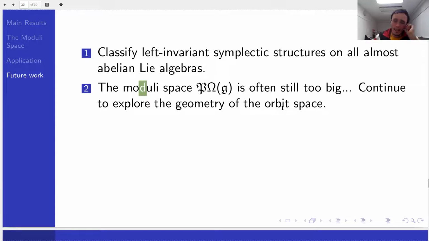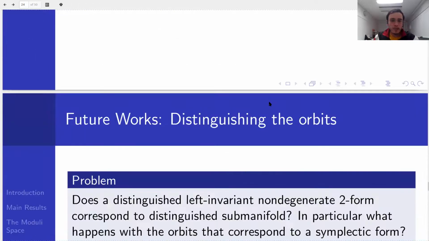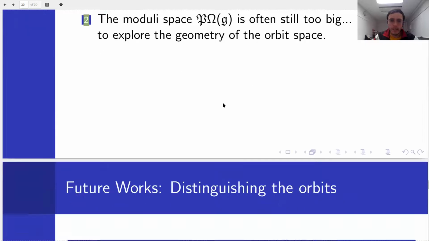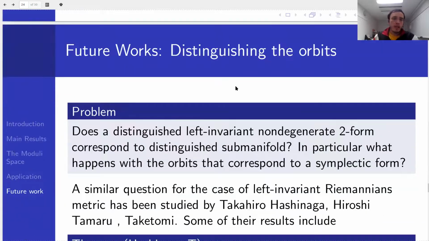So, is there some information in the geometry of the orbit space that can be useful for searching for symplectic forms? I want to talk a little bit about this. I want to distinguish the orbits.